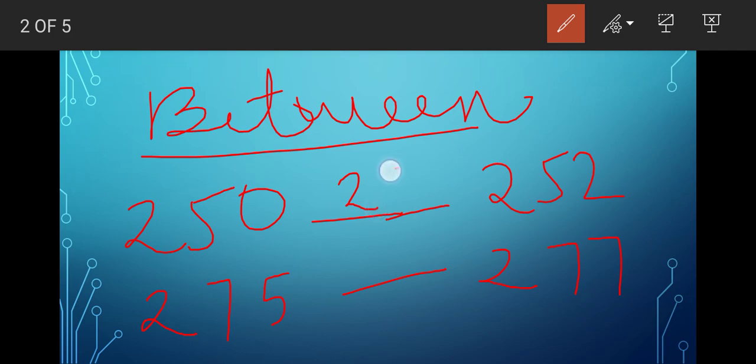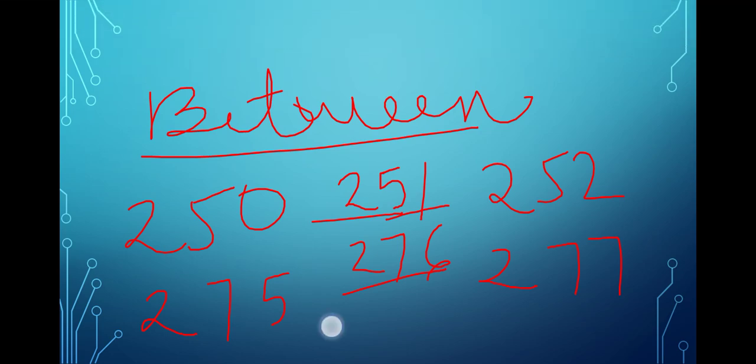How did you get 251? When you added 1 to 250, you got 251. In the same way, after 275 will be 276. So, to know between, you have to plus 1 with the first number and minus 1 from the last number. Then you will get the number between.